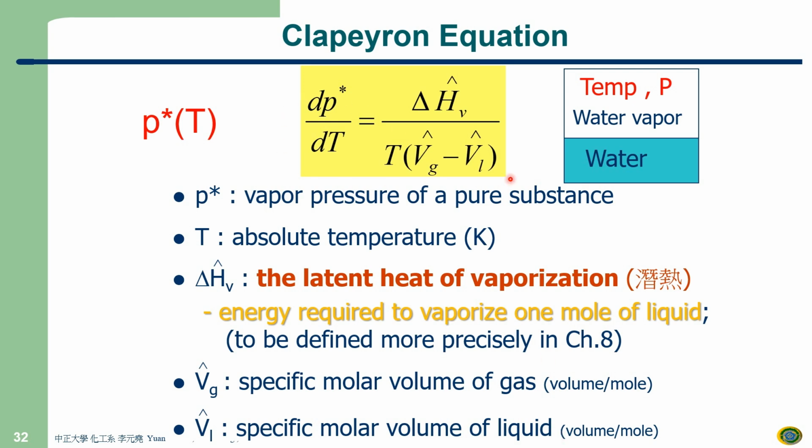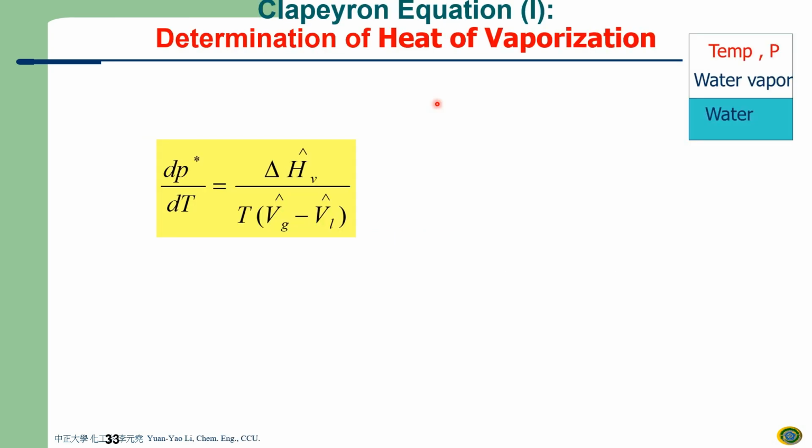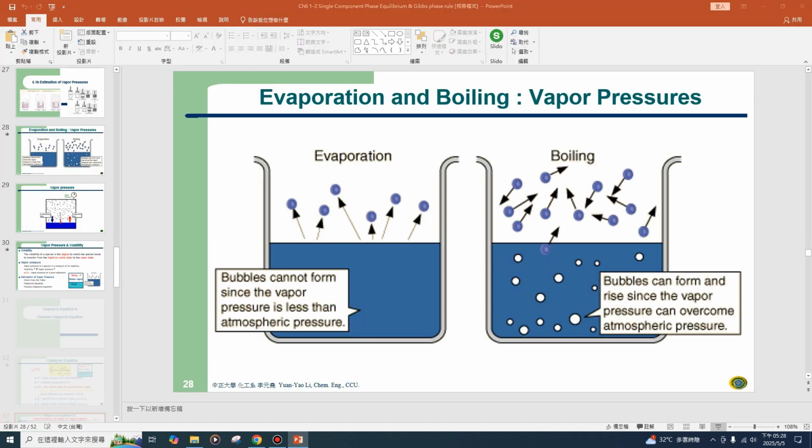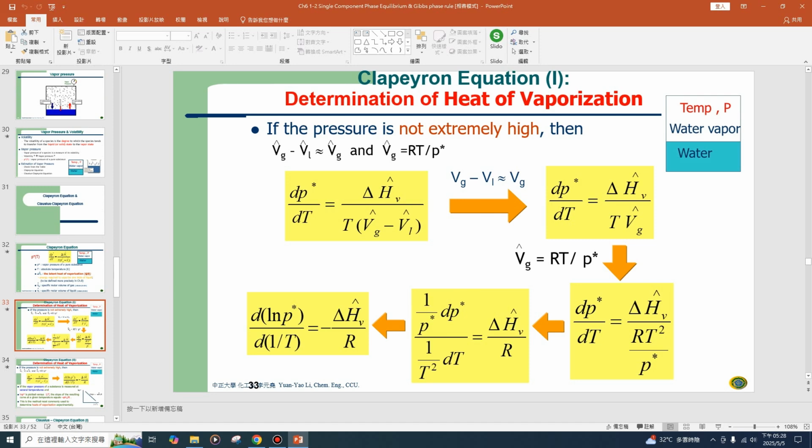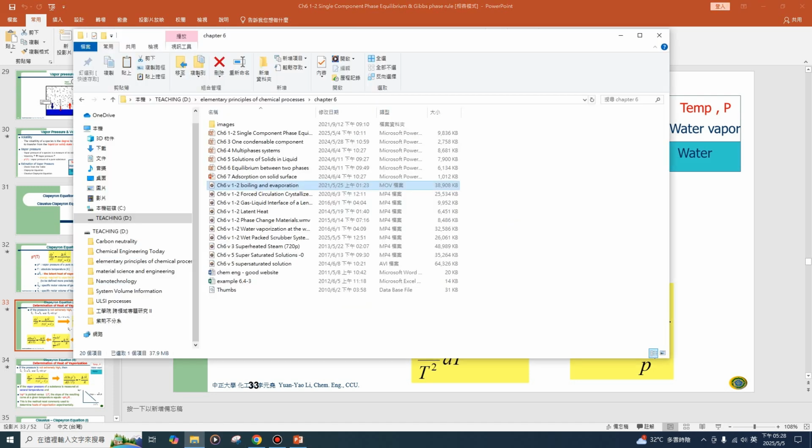So this is the equation you can use to determine the vapor pressure from these terms: the temperature, volume, and latent heat. So what is latent heat? Let me give you some examples. What is latent heat? 潜热, latent heat.